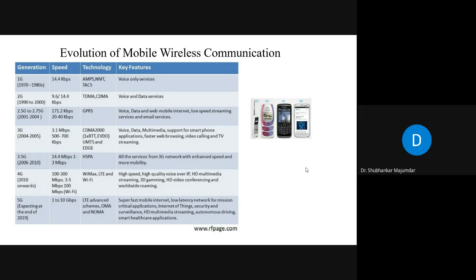Then comes the 4G network, which is basically WiMAX or LTE or Wi-Fi network. After that, it is the 5G network, which was expected to be implemented in India by 2019, but due to Corona, everything got delayed. So the test bench has been made ready.